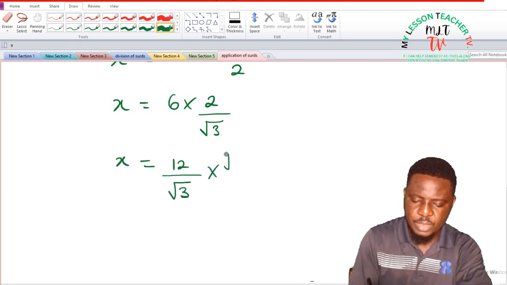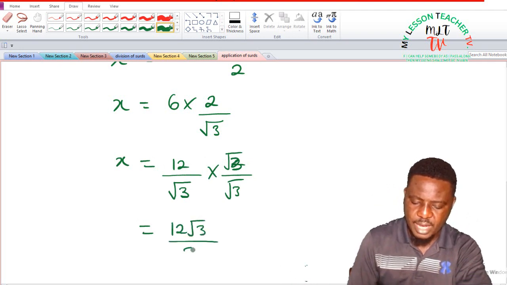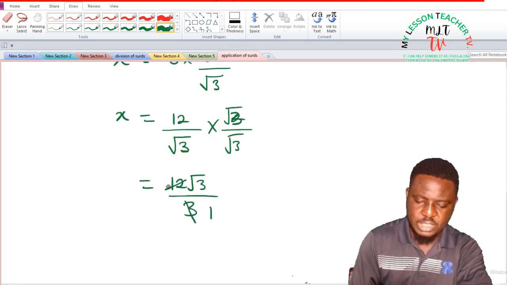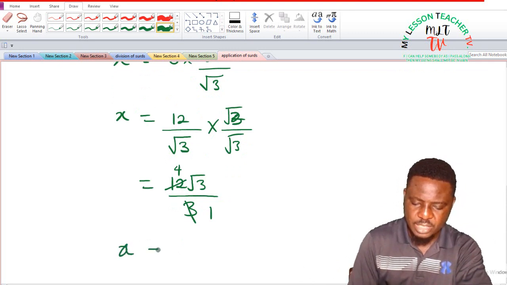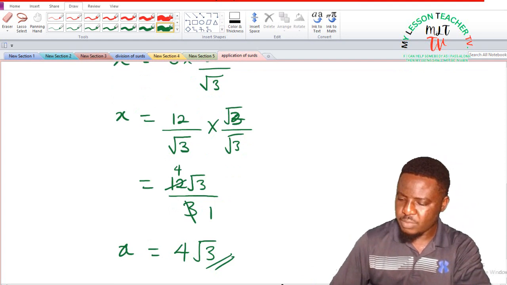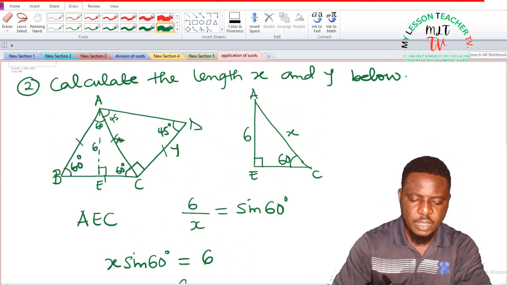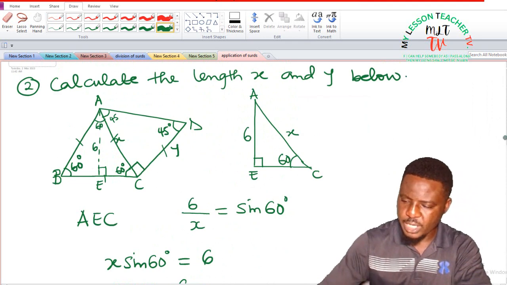Rationalizing this by multiplying both the numerator and denominator by root 3, this gives us 12 root 3 divided by 3. And when you simplify, 3 into itself is 1, into 12 is 4, leaving us with X equal to 4 root 3. So that means that the value of X is 4 root 3.